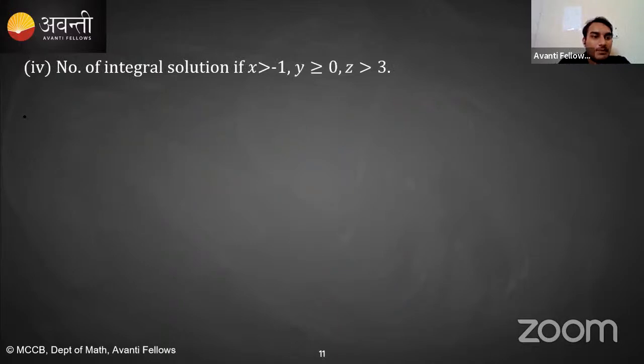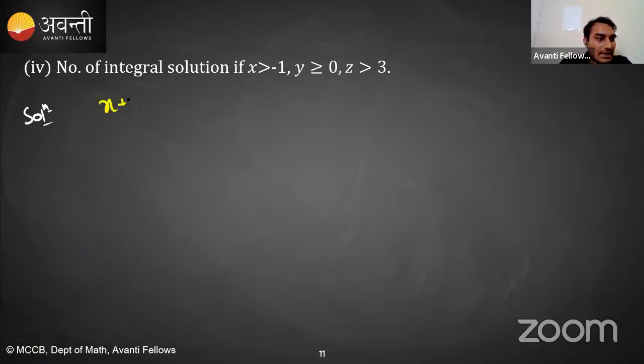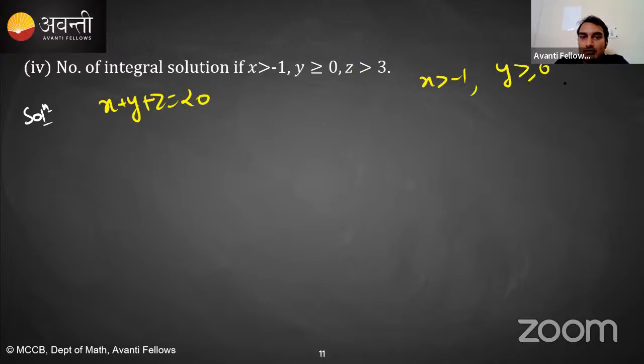Now the fourth part क्या बोल रहा है? Number of integral solutions if x, सबसे पहले तो हमें पता है x plus y plus z कितना होना चाहिए? 20. Now x greater than minus 1, y greater than equal to 0, z greater than 3. x has to be an integer and greater than minus 1, means x greater than equal to 0, y greater than equal to 0 and z has to be greater than equal to 4.